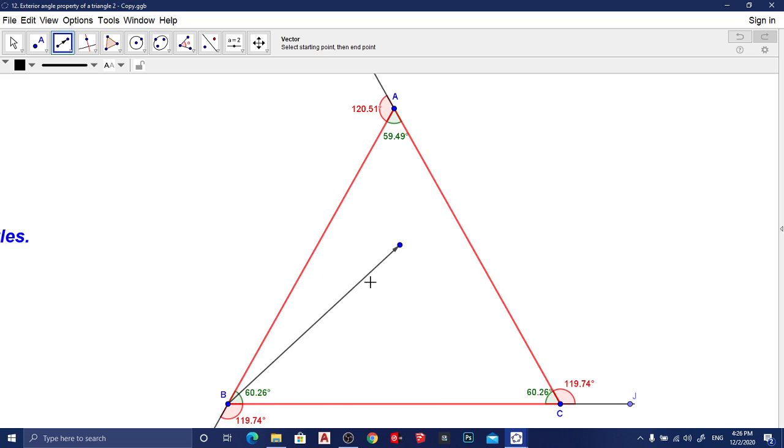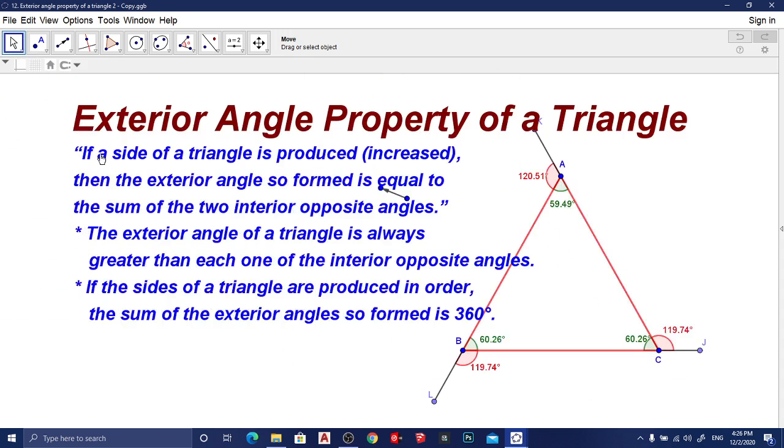What is the exterior angle property here? If a side of a triangle is produced or extended like this, then the exterior angle so formed is equal to the sum of the two opposite interior angles. If I take this as the exterior angle, these two will be the opposite interior angles.